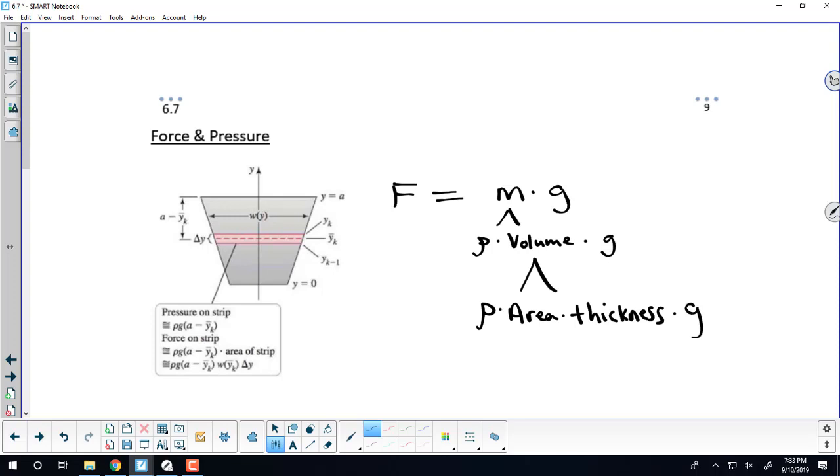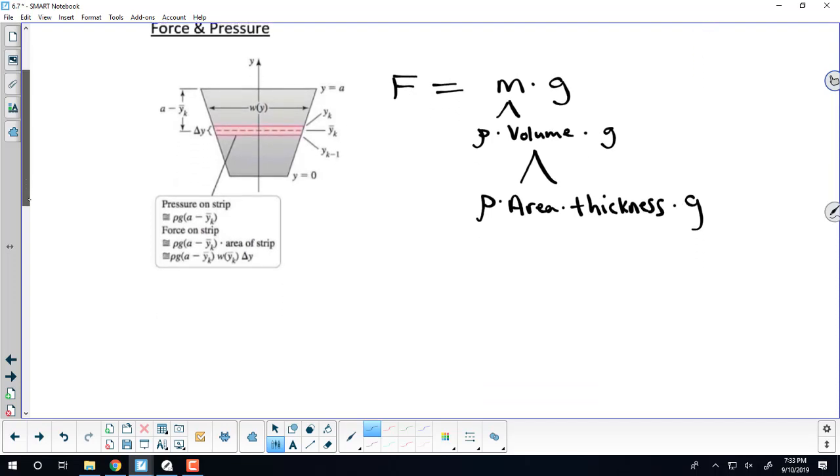Okay, so density times area times thickness times gravity. But just like when we looked at a volume, where we integrated one dimension less, an area times the thickness, when we're thinking about an area, we want to go one dimension down and think about a width times the thickness.